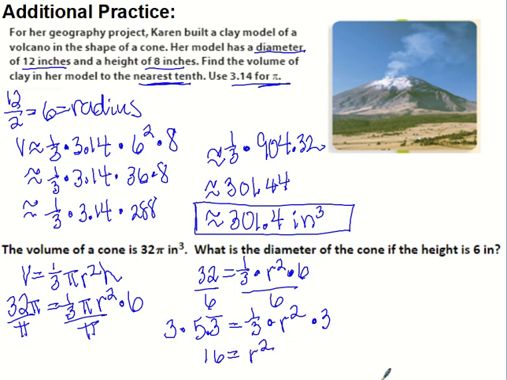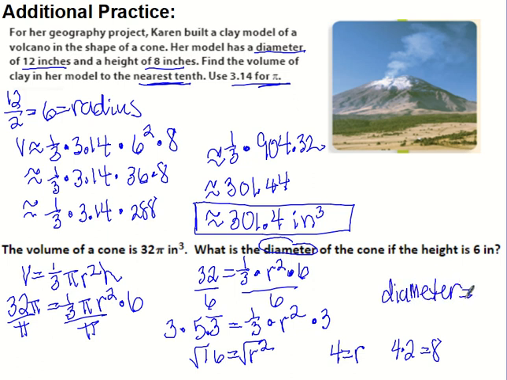I'm going to then take the square root, and I'm going to get 4 for the radius. Now the question asks for the diameter, so I need to take 4 and times it by 2 to get 8. So the diameter equals 8 inches.